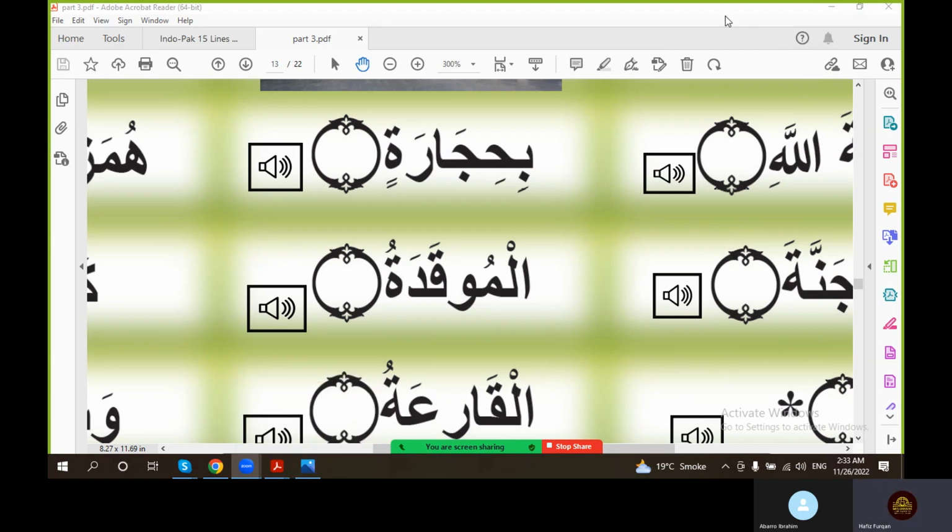If you can't remember the seven things that we learned: harakat, tanween, mud letters. This is the mud letter there. How many mud letters? Three mud letters: alif, waw, ya. When waw sukoon is coming after a damma letter, it's called waw mad.